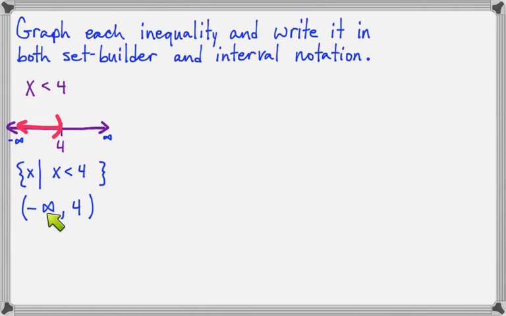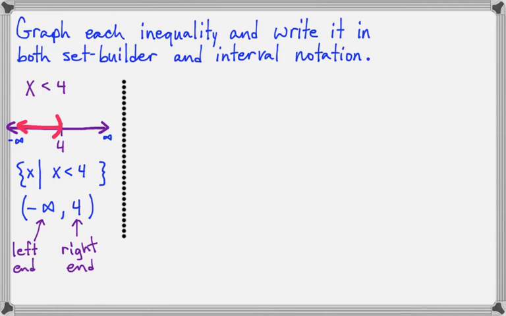So negative infinity, and then it stops at 4, and you see here that I have a round parenthesis, and that parenthesis matches this one that's on my number line. So this is what's called interval notation because it describes the starting point and the ending point of an interval: the left end and the right end.